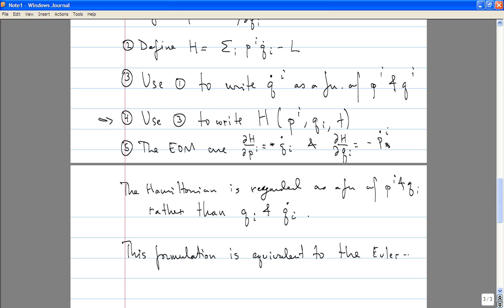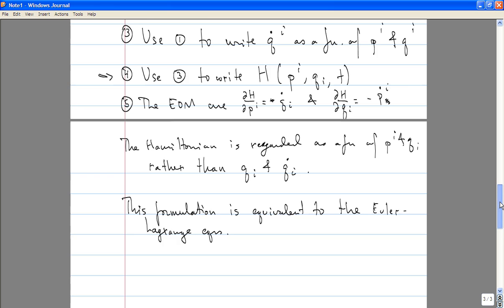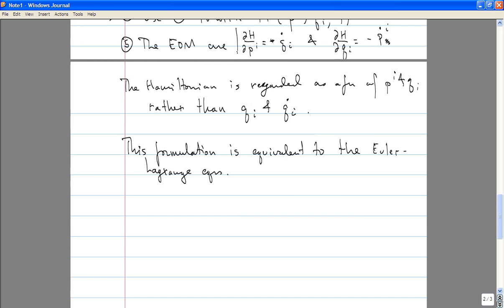And in particular, the Hamiltonian equations of motion are completely identical to the Euler-Lagrange equations. So the first thing to note is that the Euler-Lagrange equations are a set of n second-order differential equations.